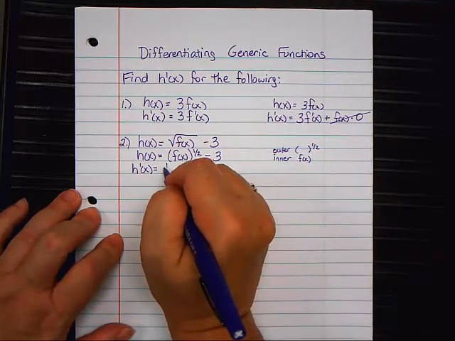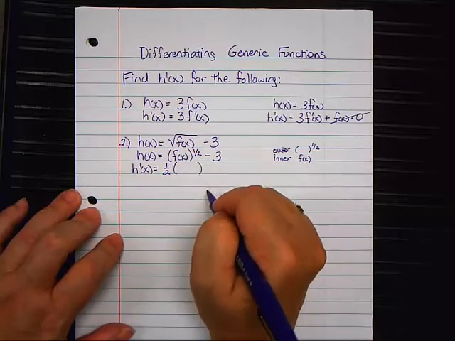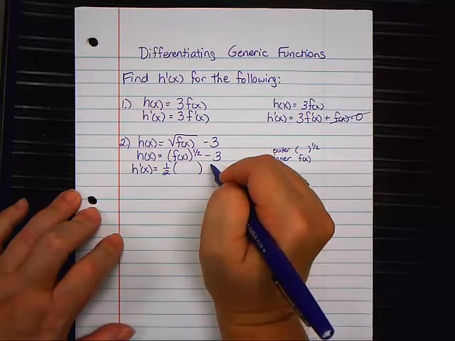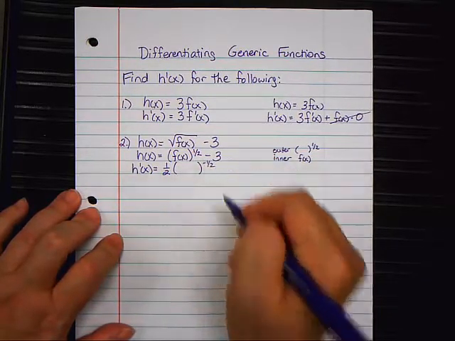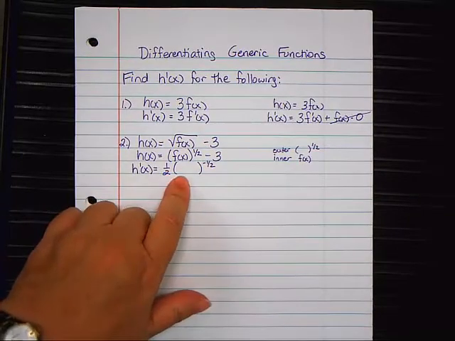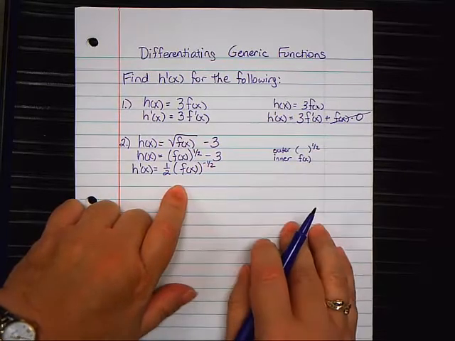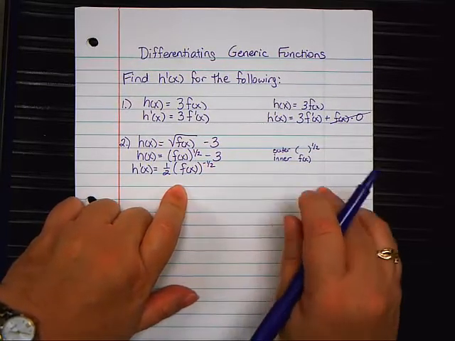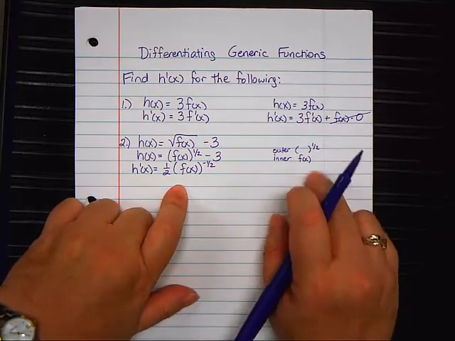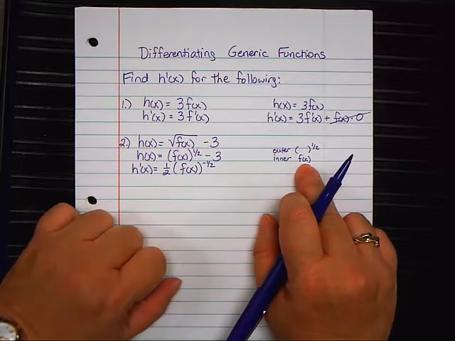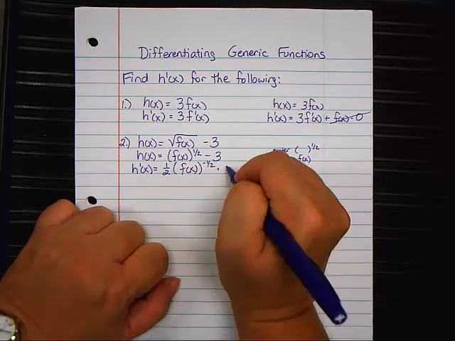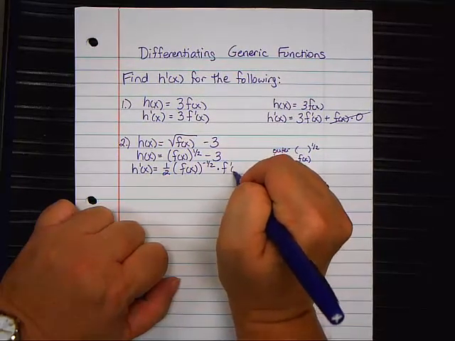So that would be 1/2 parentheses to the what power? Negative 1/2. What goes in the parentheses? f of x. Do y'all follow that? Is that the answer? No. Times the derivative of the inner. How do you write the derivative? f prime of x. Times f prime of x.